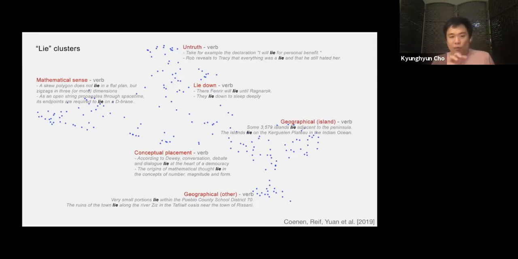On the other hand, in the top center portion of this plot, we see a lot of sentences that use the word lie in the sense of falsity or making a false statement. And then we see all these clusters according to how this word lie is used.